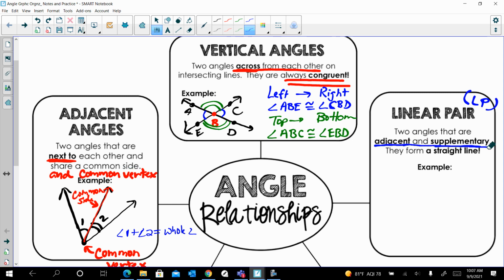So it's a special type of supplementary angles because now they're adjacent as well. And the thing that you need to remember is they will form a straight line. So we're going to do multiple representations of how that can occur.